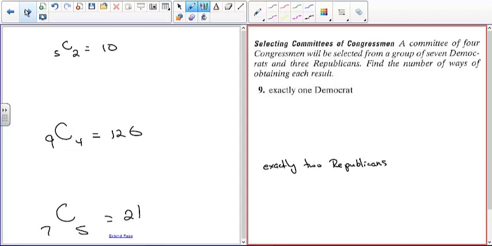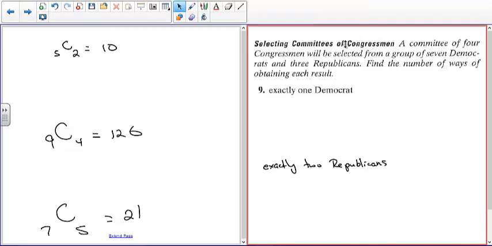So this is a 2-part process because I'm going to choose a Democrat and then I'm going to choose Republicans. So it's like these previous problems where you figured out a number for the first part and a number from the second part. And each part uses a combination thing.